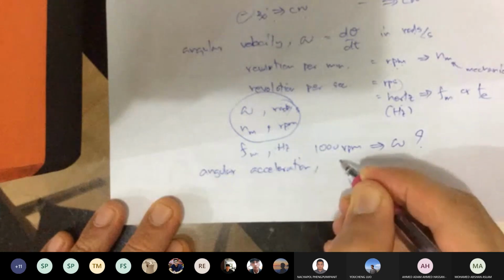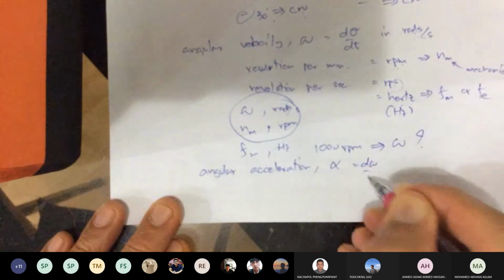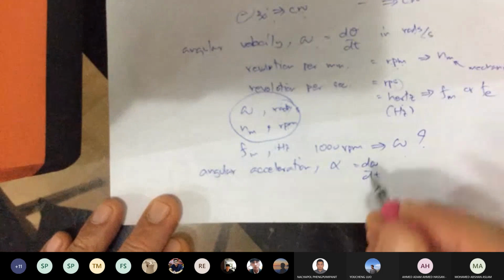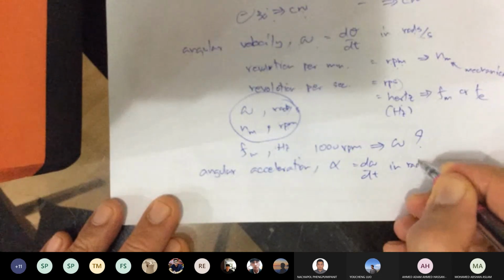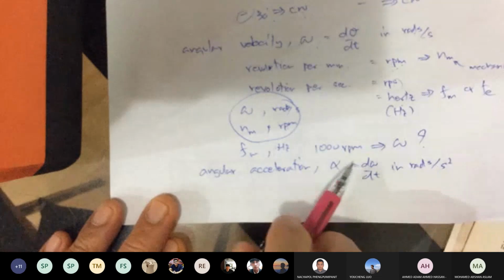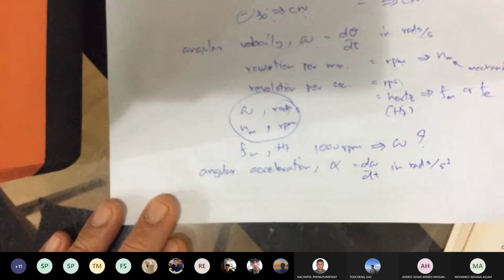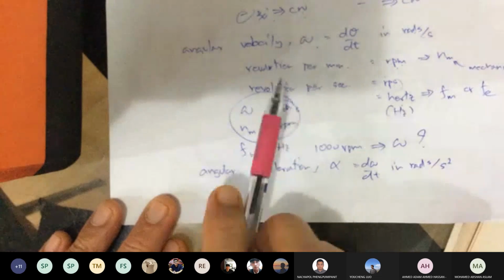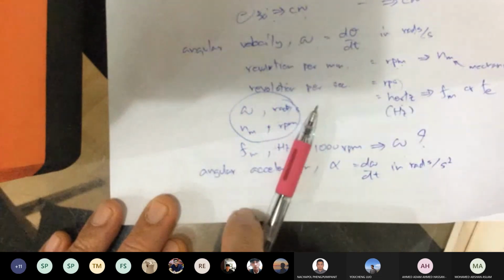The symbol that we use is alpha, d omega by dt, which is radians per second squared. Again, we don't really use it a lot. So these are the 3 related parameters.